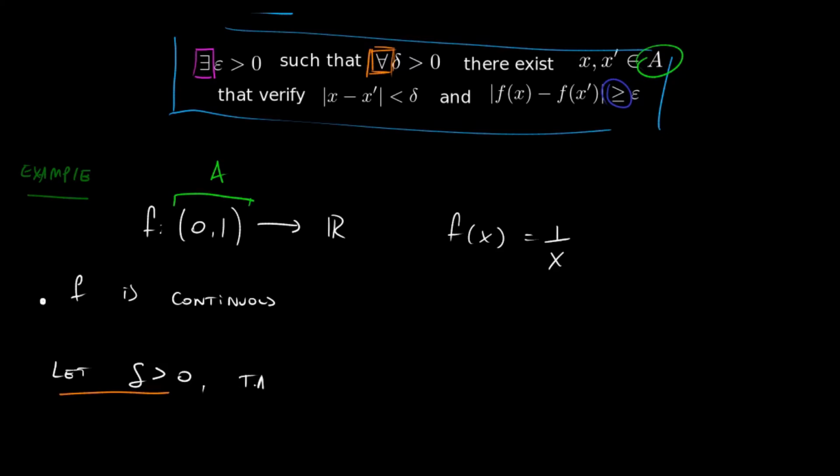So now we're going to take epsilon to be equal to 1. And now we are actually taking a particular epsilon, because we have the existence for the epsilon. We want to prove that the function is not uniformly continuous, so this is the definition we're using.